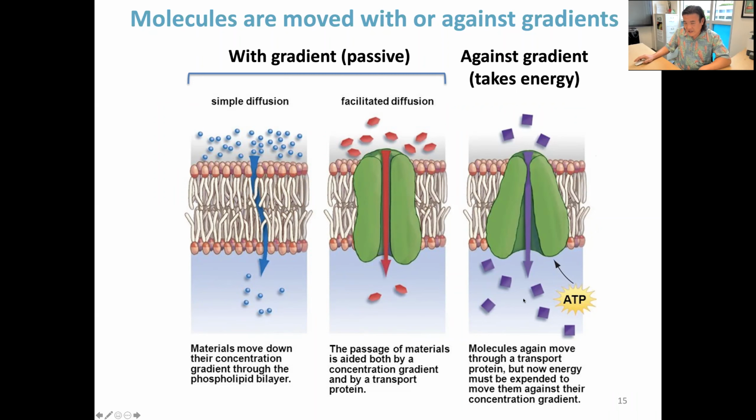And that requires energy, oftentimes in the form of a molecule of ATP. So by breaking the high energy bonds in the ATP, this transporter protein changes its shape. And when it changes its shape, maybe it shoves another one or two of these purple squares through it.